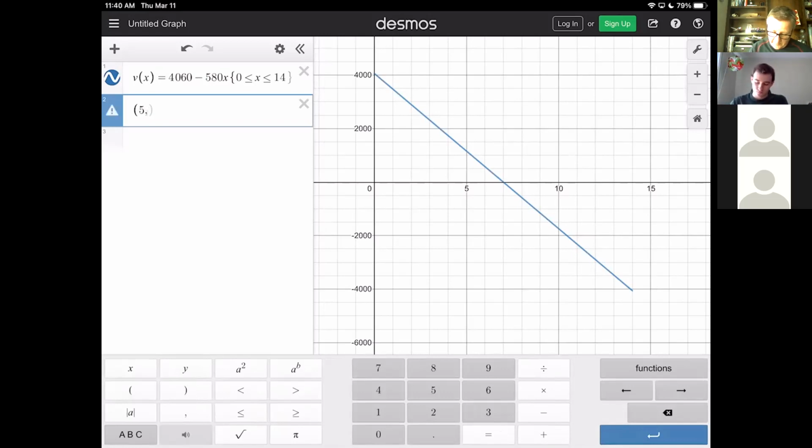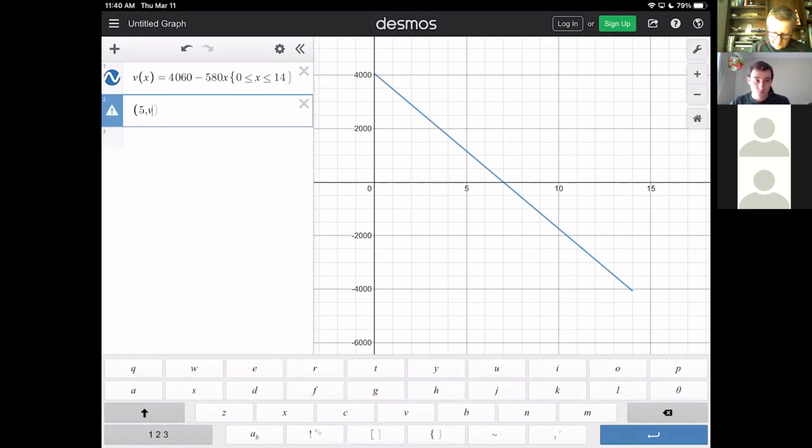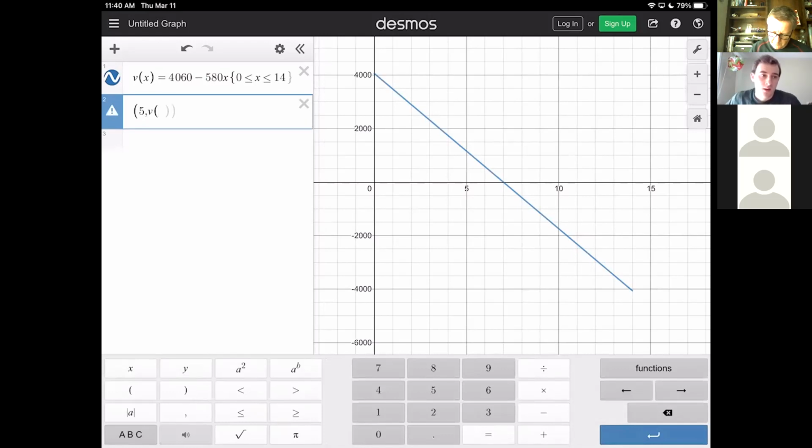Well, let's just ask Desmos to tell us. Isn't that the answer we got? At X is 5, wasn't the shear 1160? So this diagram is actually telling you the shear every single place in the beam now. That's what's so cool about it. Do you understand that?